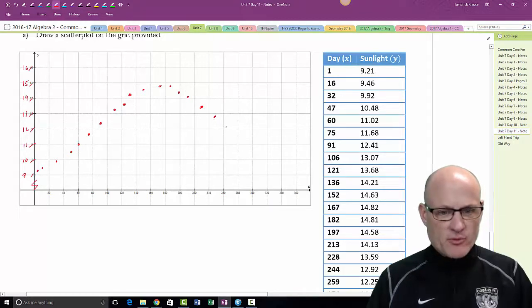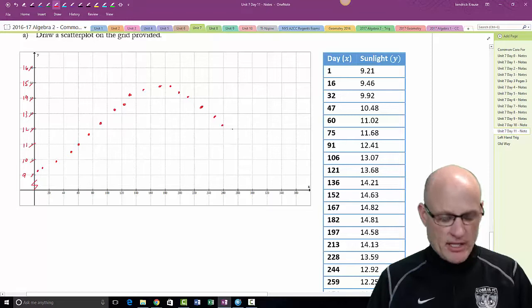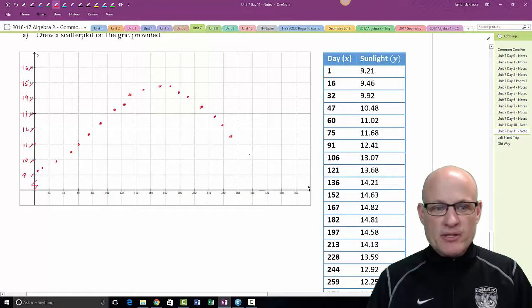At 259, I'm at 12.25. At 274, I'm at 11.6. These are all approximate. At 289, I'm at 10.9.